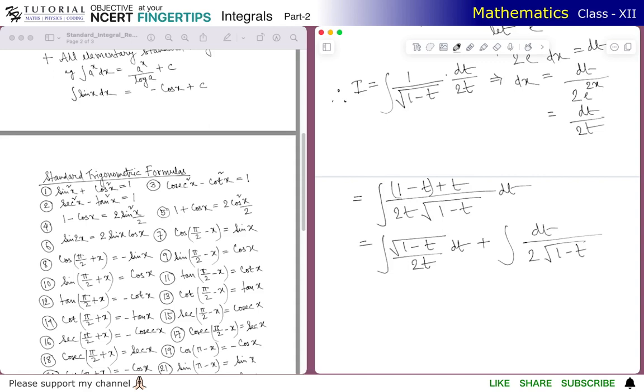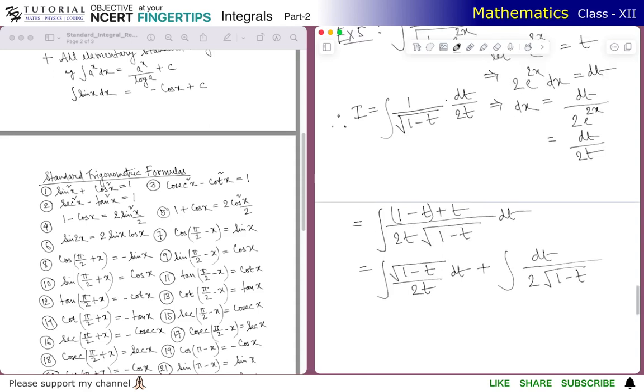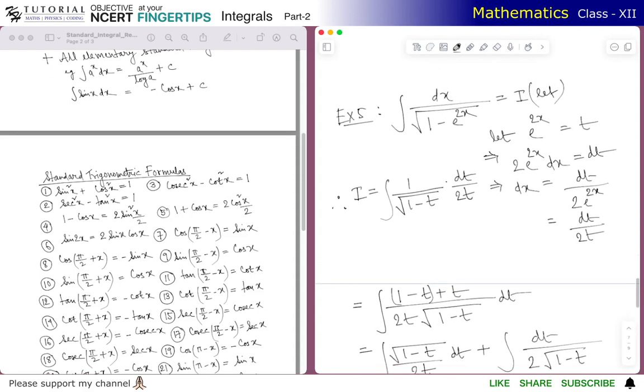I hope I did it right. If we have substituted 1 minus e to the power 2x equals t, in that case, would it be a better choice if we had substituted 1 minus e to the power 2x equals t?